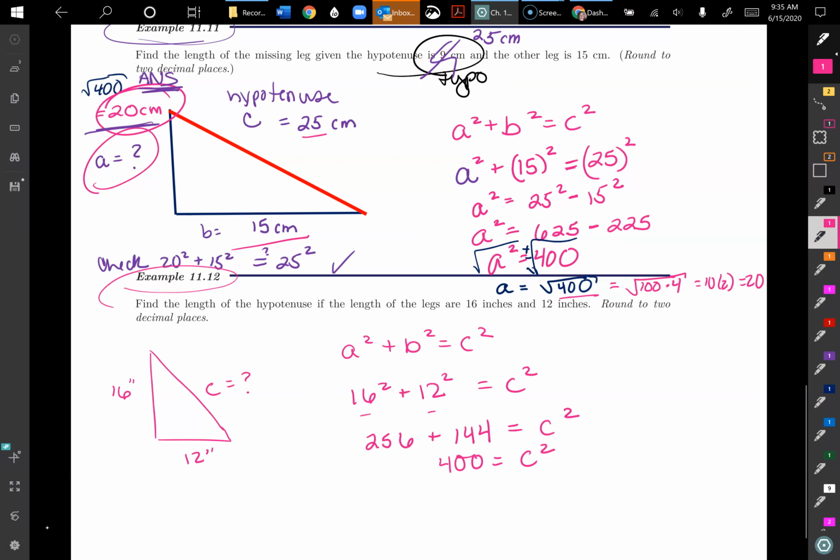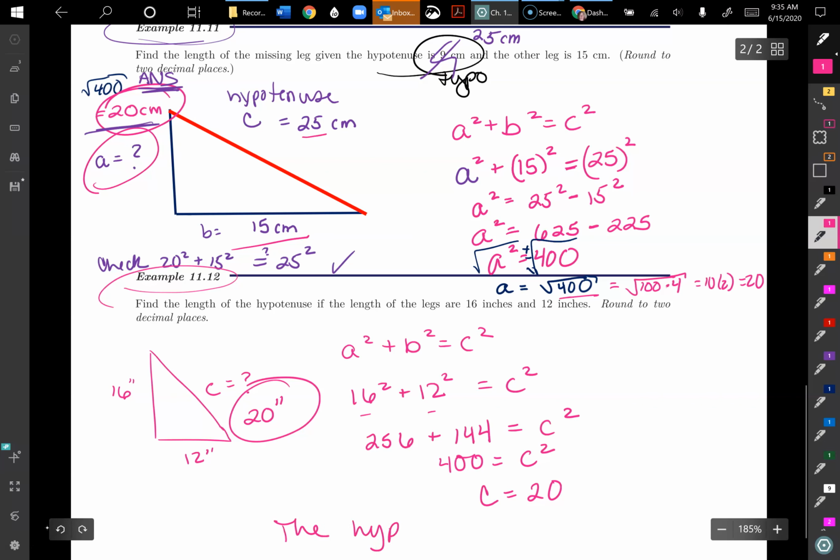Then we already figured that out before, that's 20. It's kind of a fluke because I changed the value because we had a typo. So 20 inches is side C. You would write in a sentence, the hypotenuse is 20 inches.